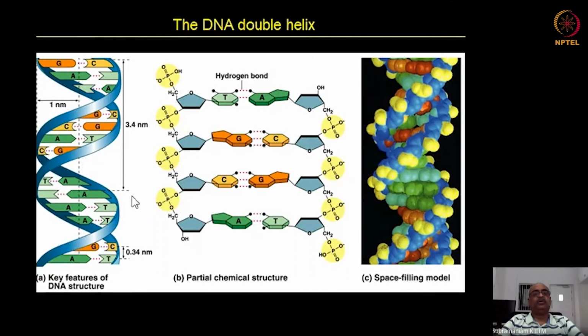They form a helical structure with one turn, from here to here, that holds about 10 base pairs. Adjacent base pairs are 0.34 nanometer apart, and therefore one turn of this helix is about 3.4 nanometers.